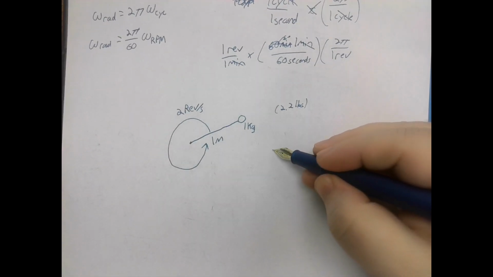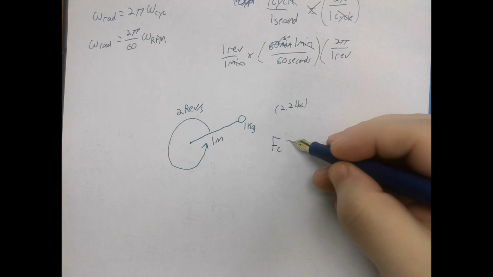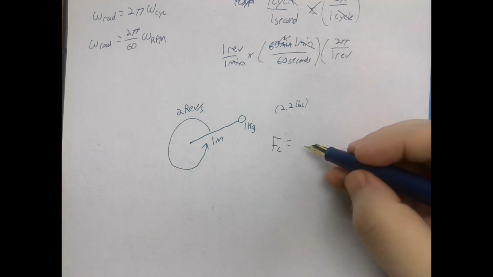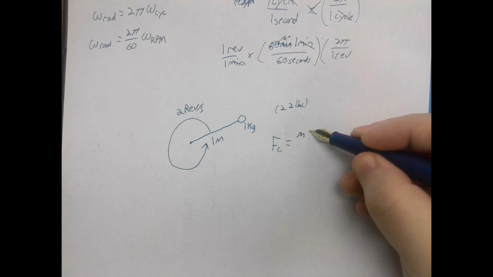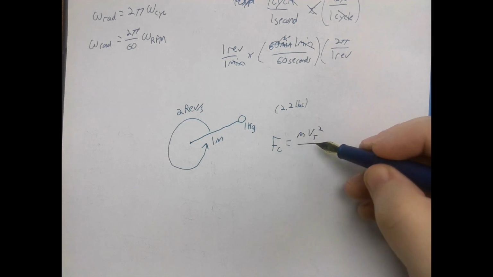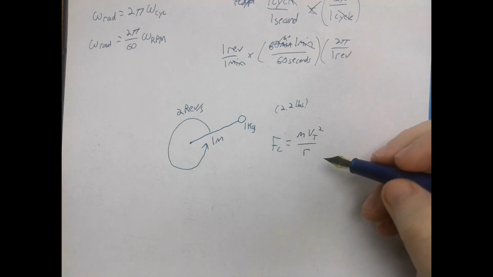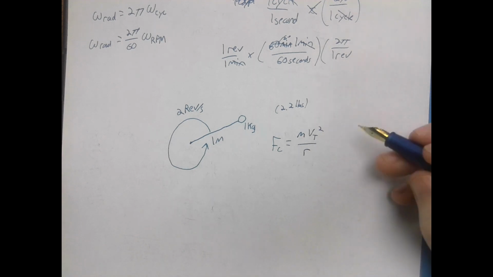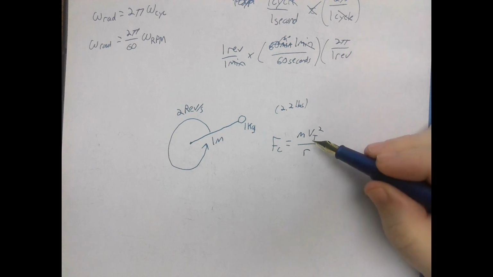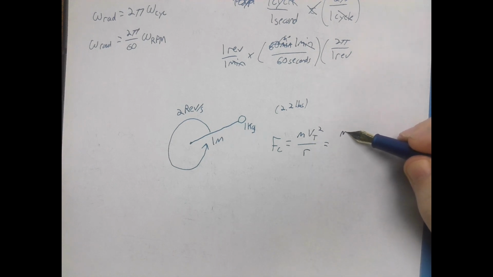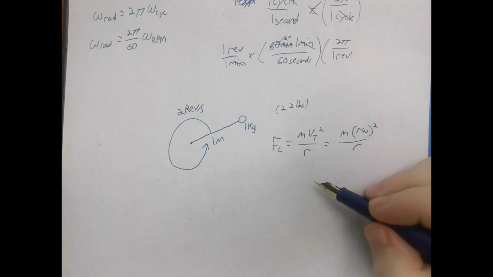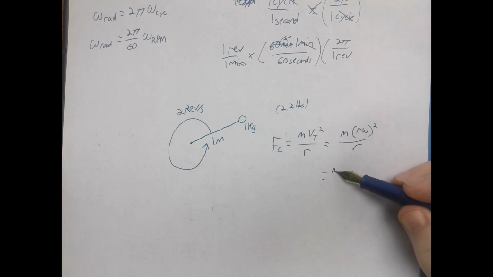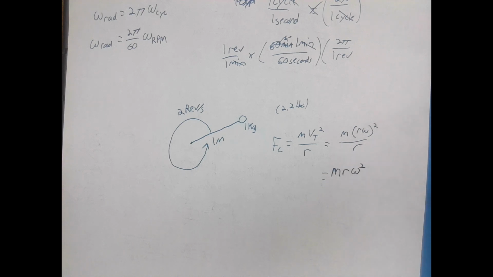So force, centrifugal force, the force you're holding onto a string, is equal to the mass times the tangential velocity squared over the radius. And again, tangential speed is just r times omega, which simplifies to mass times radius times omega squared.